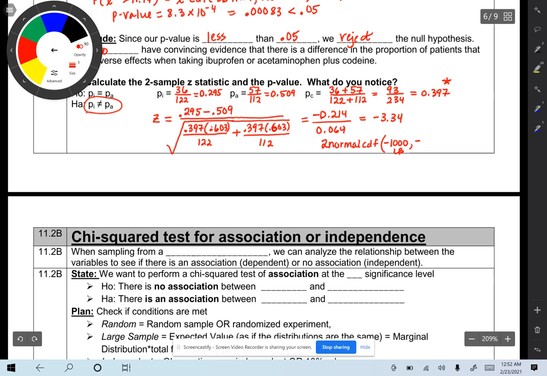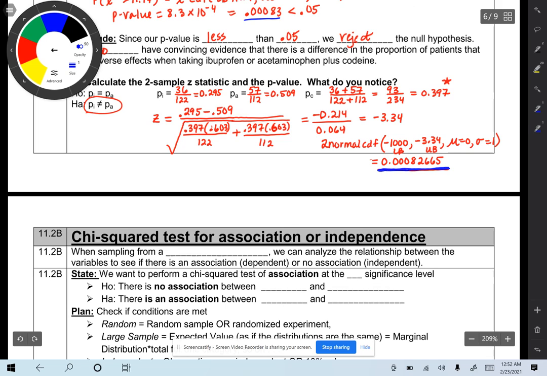Upper bound is negative 3.34. Our mean is 0, standard deviation is 1. And that gives us a p-value of 0.000826665, which is pretty close to this right here.